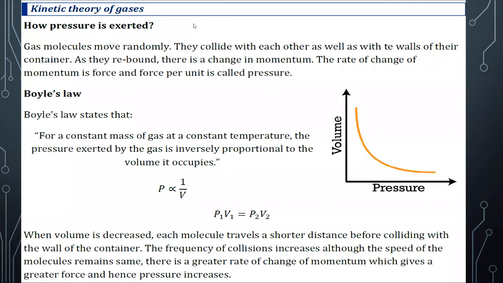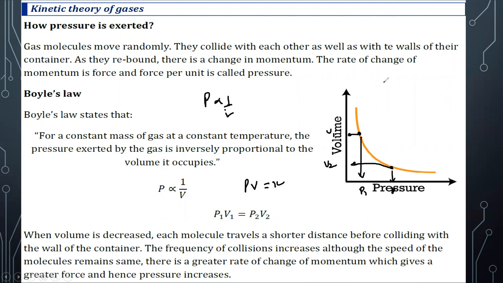Then the kinetic theory explains the behavior of particles. Using kinetic theory, we should be able to explain Boyle's law. According to Boyle's law, pressure and volume are inversely proportional. Whenever two quantities are inversely proportional, their product is the same, so the graph will always be an inverse curve. If we take any two points, at this point the volume is V1 and the pressure is P1, and at this point the volume is V2 and the pressure is P2.